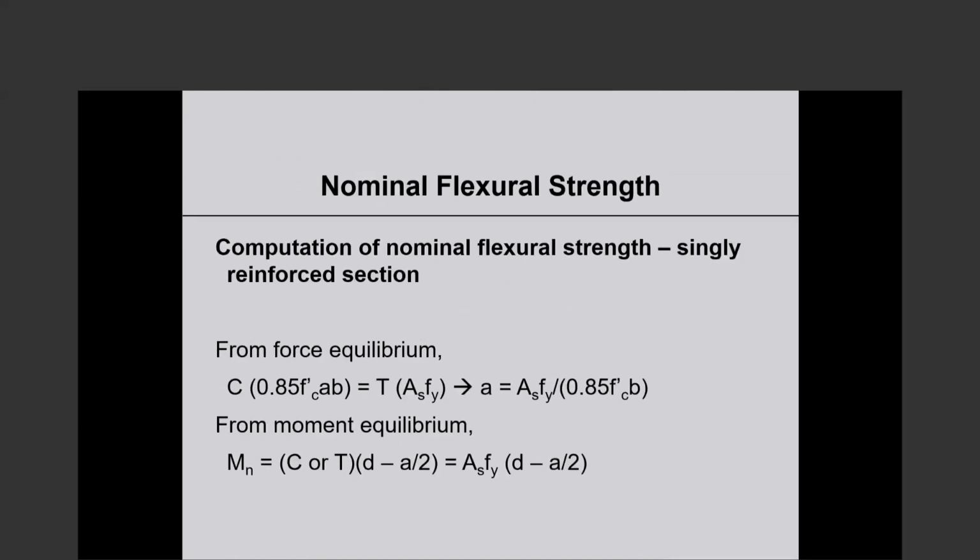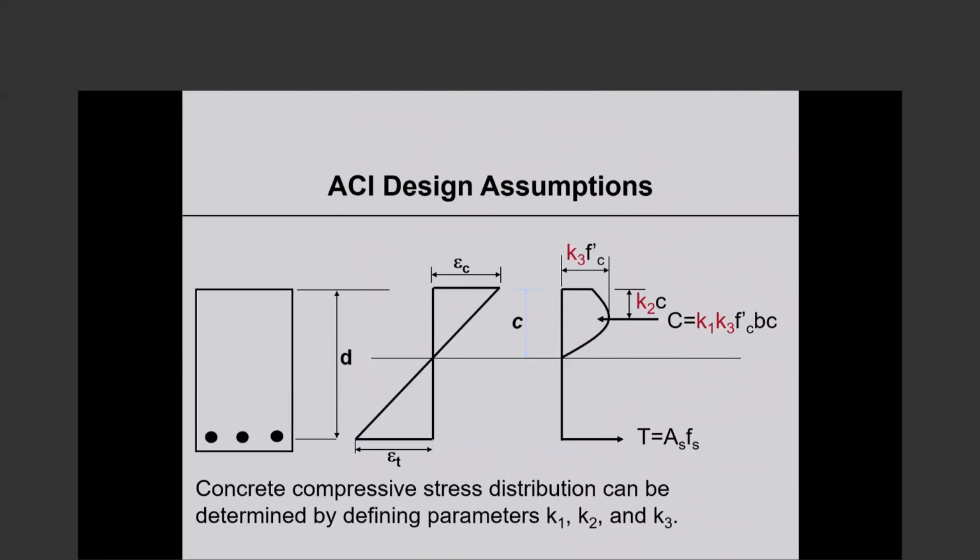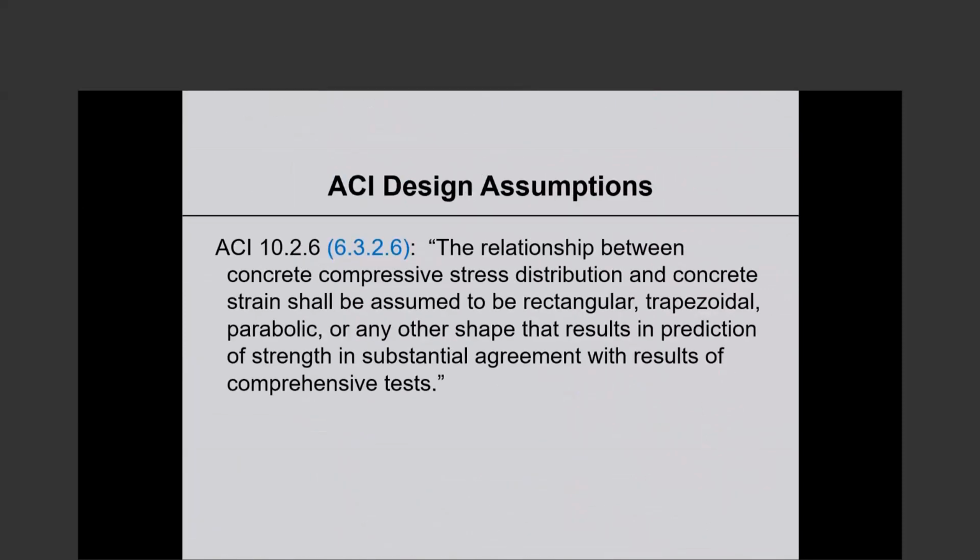I would like to go back to the language that I said was not understandable upon reading, but this is important language. ACI 318 is not telling you to use the rectangular stress block. It never has told you so. It simply says the relationship between concrete compressive stress distribution and concrete strain shall be assumed to be rectangular, trapezoidal, parabolic, or any other shape.